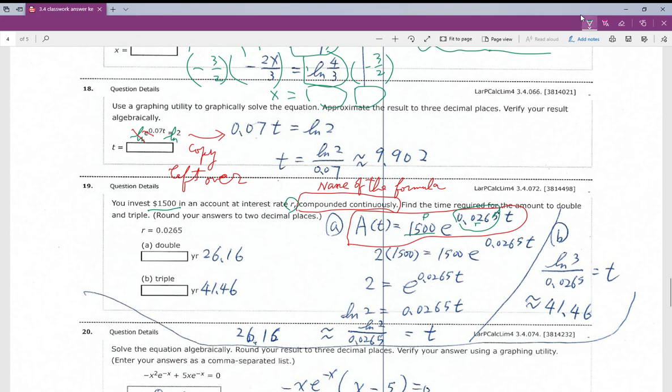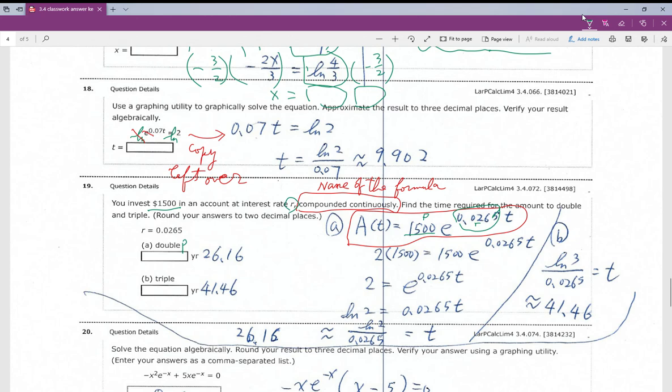Now, how do you use this data? The important thing here is you have two questions: you double your principal or triple your principal. I'm not supposed to say A, sorry. If you double your principal, it means your income becomes double of your principal.